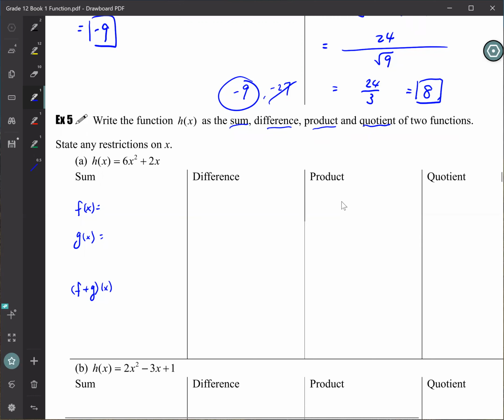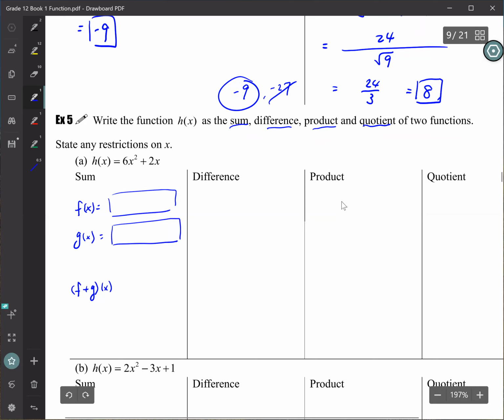Okay. How about Cindy? It can be anything. Everybody will have a different idea. We want to create two functions. It's up to you. Make up two functions so that they will add up to h. There are many different answers depending on you.